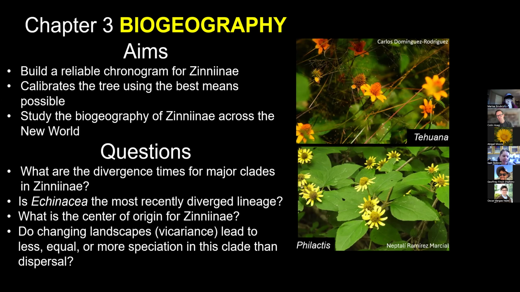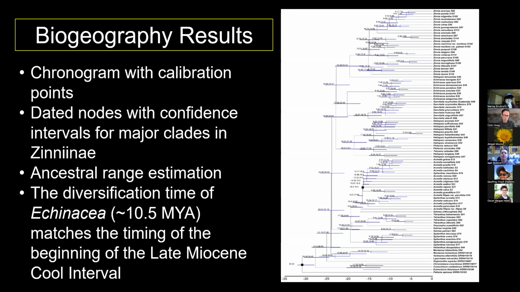And do changing landscapes, in this case vicariance, lead to less, equal, or more speciation when compared to dispersal, when you're moving seeds elsewhere, and then you wind up with speciation later when they move habitats instead of the habitat itself shifting?